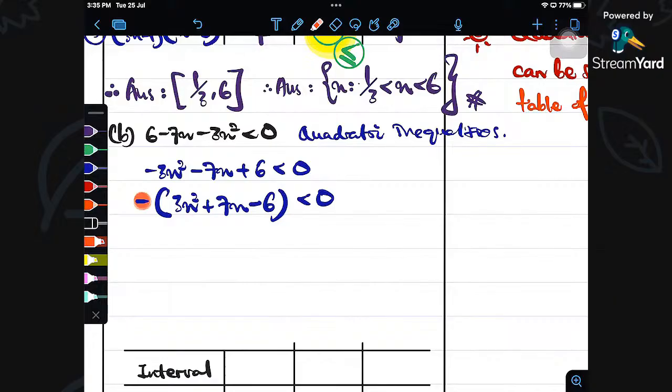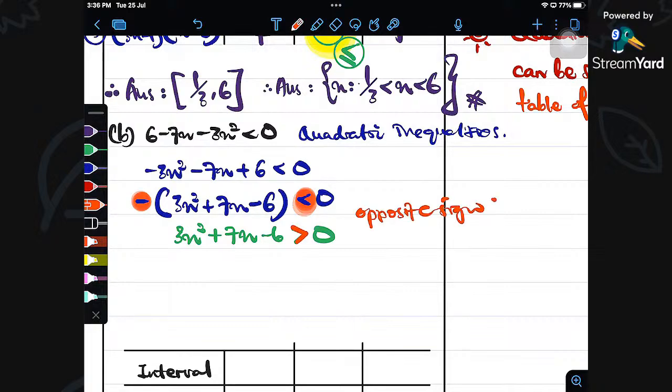So in this case, this got negative and this got more less than. Therefore, when you transform it, it will become 3x squared plus 7x minus 6 will become now more than 0. Dia dah jadi automatically more than pula. Opposite sign, ya.